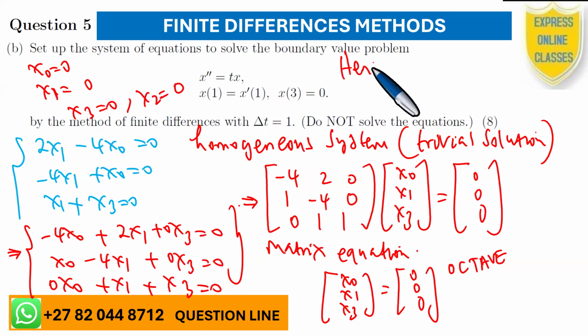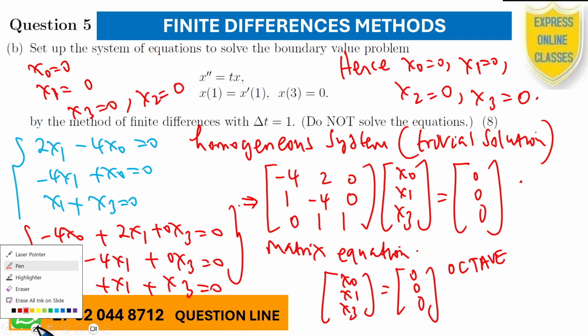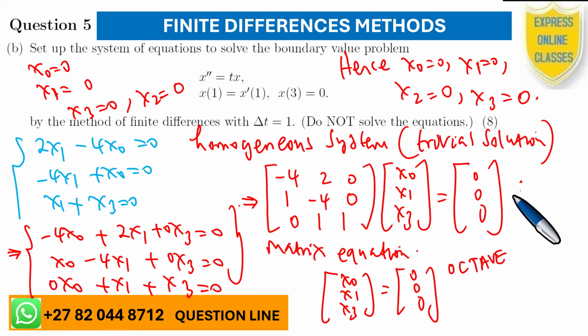So we can then say hence x0 is 0, x1 is 0, x2 is 0, x3 is 0. So this would be the solution to this particular problem of finite differences. We have used Octave to solve the linear system.